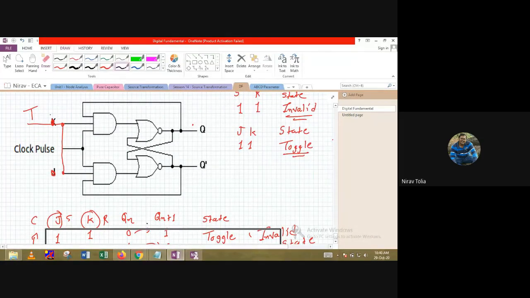So we have two possibilities only. Either T is equal to 0, so both inputs are 0 0, and at that time my output state is no change.